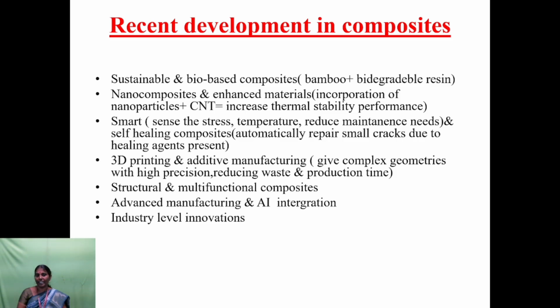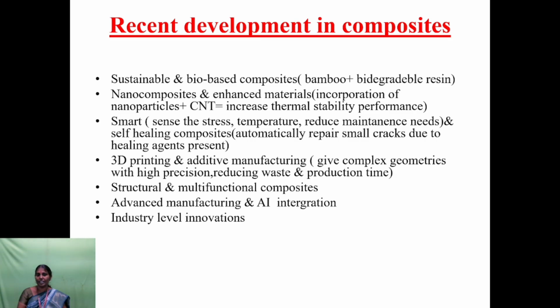Smart means they can automatically sense stress and temperature, and reduce maintenance needs inside the components. And self-healing composites automatically repair small cracks due to healing agents present in the composites.